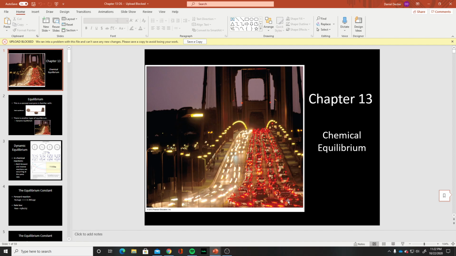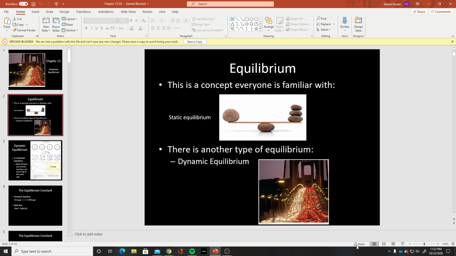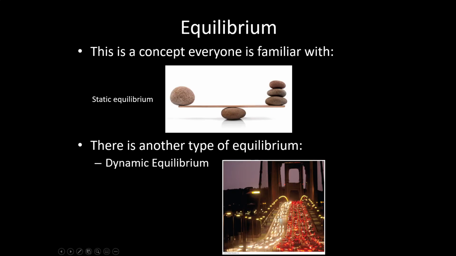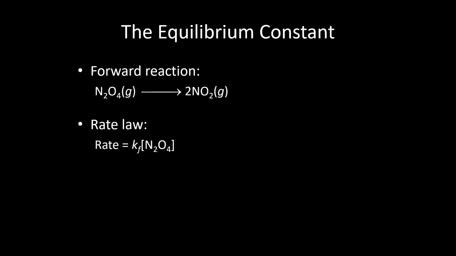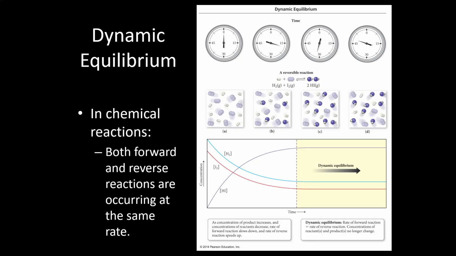Anyway, Chapter 13, Chemical Equilibria. In this chapter, we were introduced to the idea that we have forward and reverse reactions happening simultaneously, and that this is what we call a dynamic equilibrium.